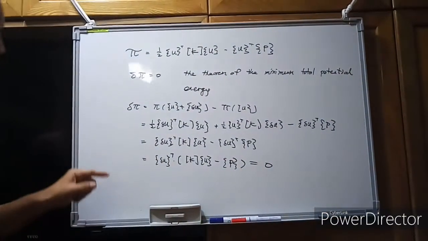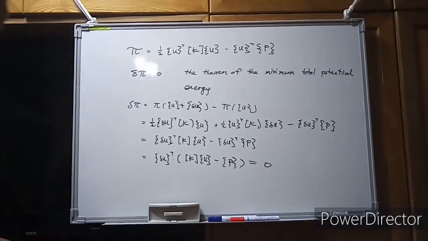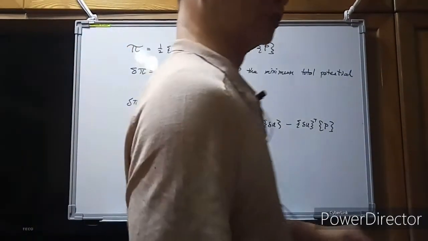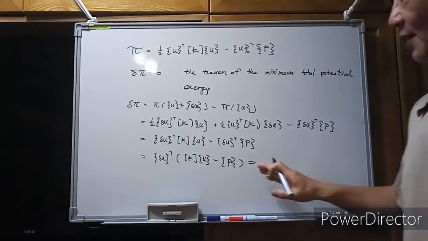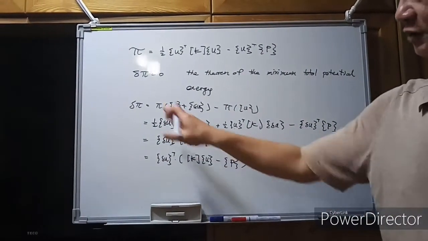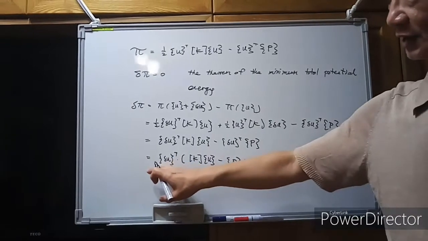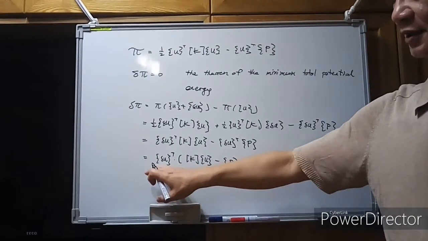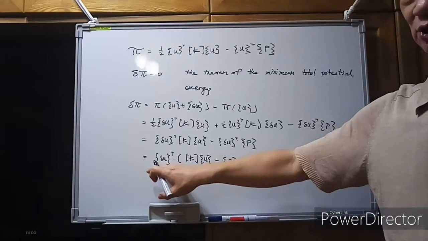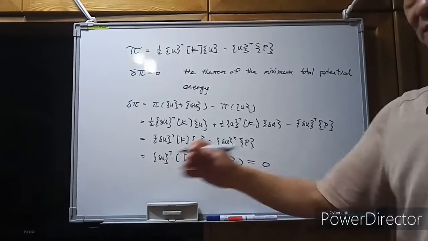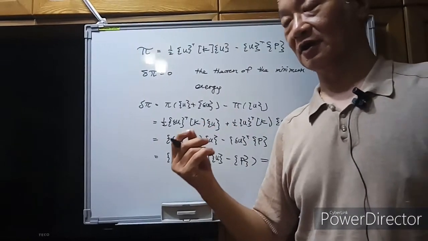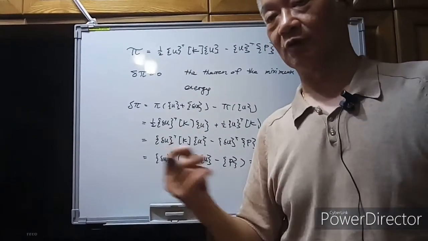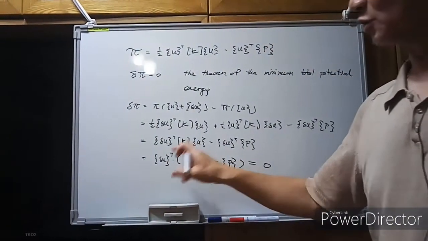The requirement is, if the u vector gives the minimum total potential energy, then it should make delta pi equal to 0. If delta pi equals 0, you cannot expect it to be controlled by the delta u. Remember, the variations are random and very small changes of all the elements in the u vector.